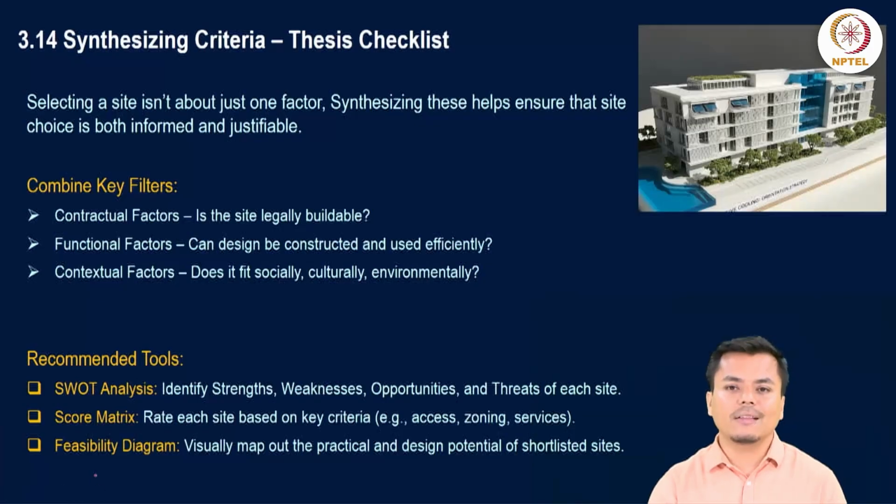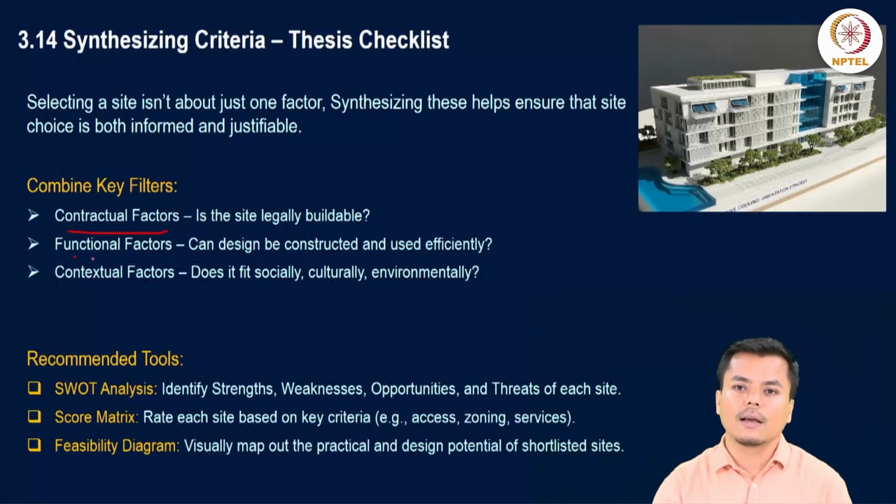To prepare the checklist of the site analysis parameters, it includes contractual factors, data that have to be collected, functional factors and contextual factors. The recommended tools for further analysis include SWOT analysis, score matrix and feasibility diagram. SWOT analysis helps you identify strengths, weaknesses, opportunities and threats related to your site.